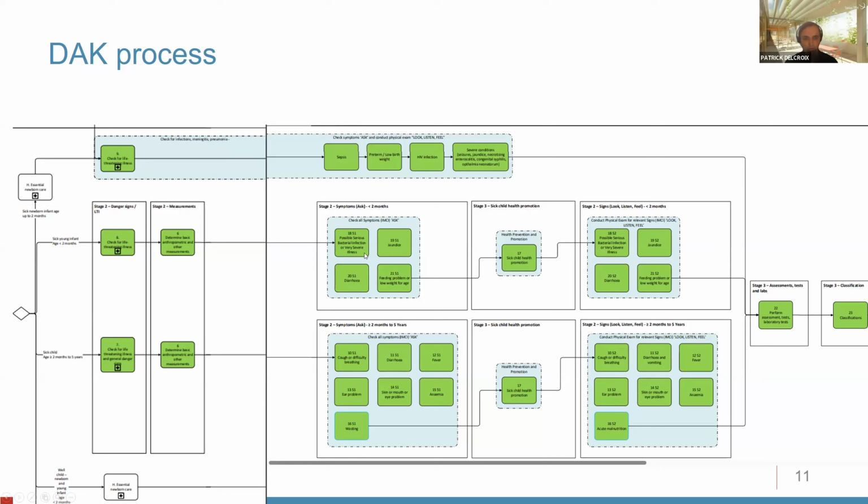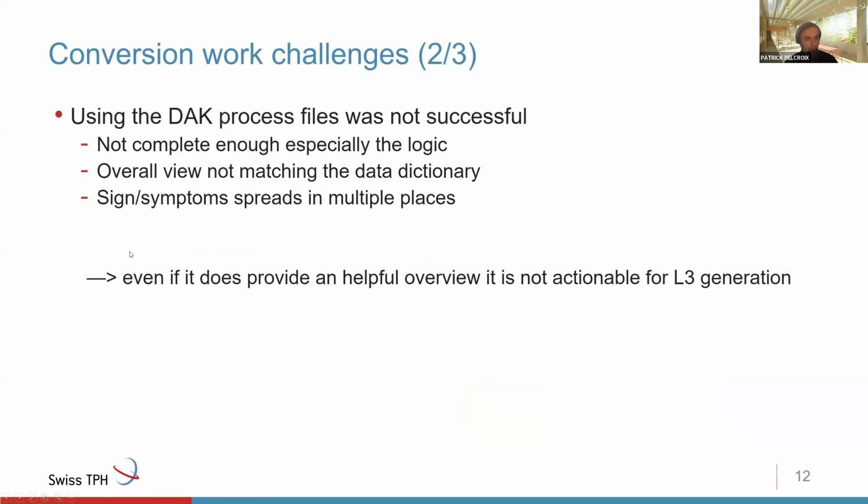And then they describe the different activities you need to perform one after the other. We try to use that because it gives a comprehensive approach. It's nice to use because you have a kind of overview.